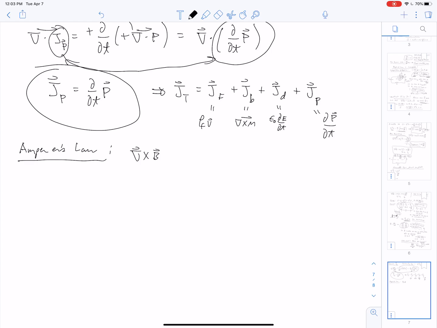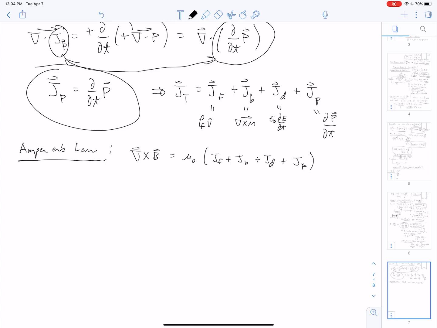And so del cross B has to be mu naught times J free plus J bound plus J_D plus J_P. Okay, so that's Ampere's Law. So Ampere's Law has a lot of stuff in it.